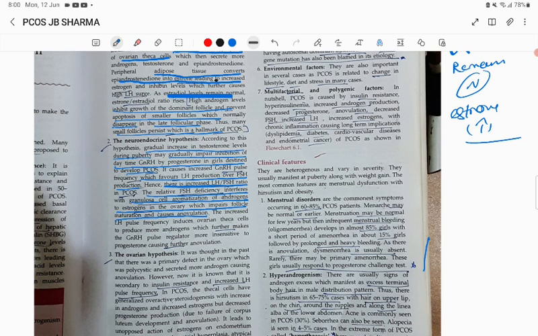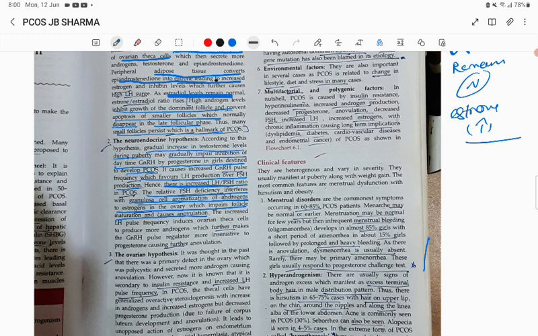The FSH receptor is located in the granulosa cell, so the granulosa cell is unable to do the aromatization from androgen to estrogen in the ovary. If estrogen is not there, there will be impaired follicular maturation, which will cause anovulation.